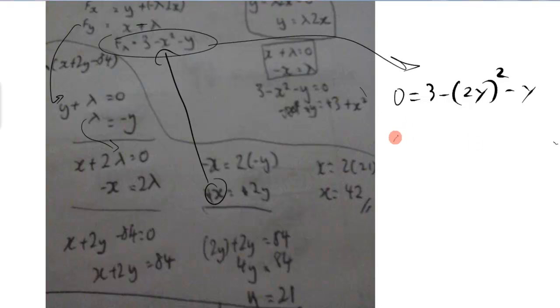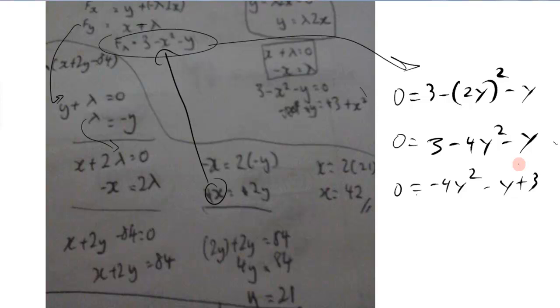So then this gives you the quadratic of negative 3 minus 4y squared minus y. So therefore we're ending up with 0 equals negative 4y squared minus y plus 3. Solve that using the quadratic formula, completing the square, whatever you like, or factoring if you see it. But remember, you're going to have to flip that sign from here. So instead of minus, that's a plus, that's a minus.